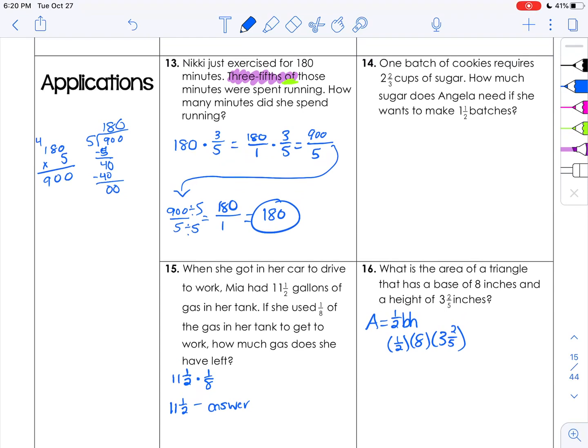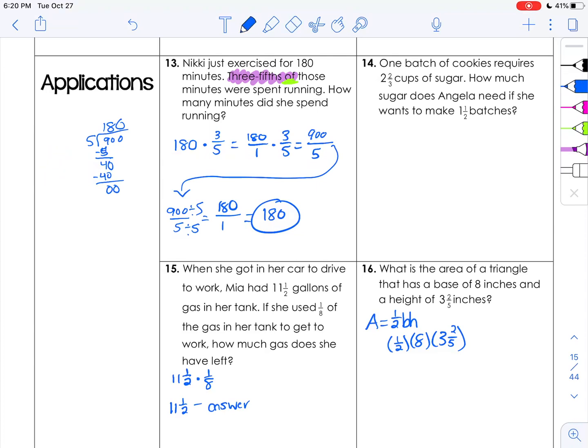Now let's take a look back at number 13 because I think I made a mistake. When solving number 13, when you multiply your numerators, I should multiply 180 times 3. Over here on the side, I accidentally multiplied 180 times 5. So we're going to go back and look at that again.